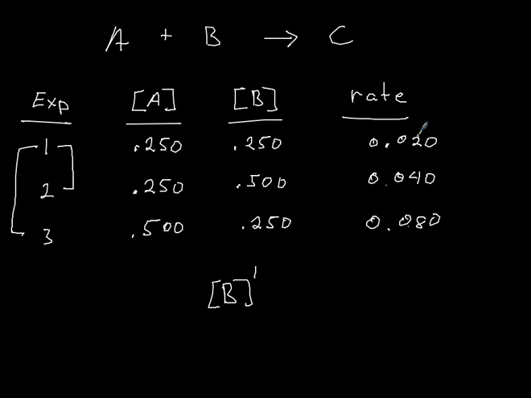The rate increased by a factor of 4, and so what that means is A is going to be a second order reactant. And so the expression is rate equals k, A to the second, B to the first, or you can just write B. You don't need the first there. And so there is your rate expression for this particular set of data.